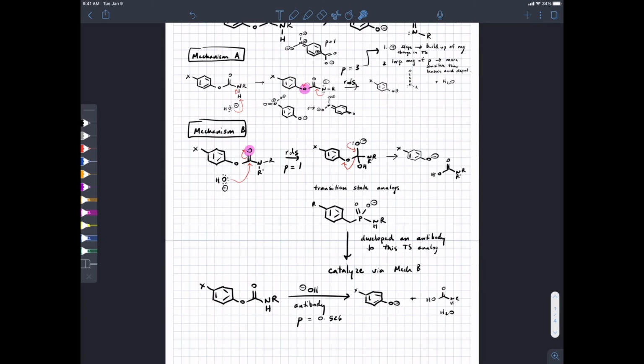And it was an interesting proof of principle because now the idea is, if I can build a transition state analog that sufficiently resembles the transition state for a mechanism I'm interested in, and then if I can evolve an antibody that binds that molecule, all of a sudden I've got an antibody that's a catalyst.